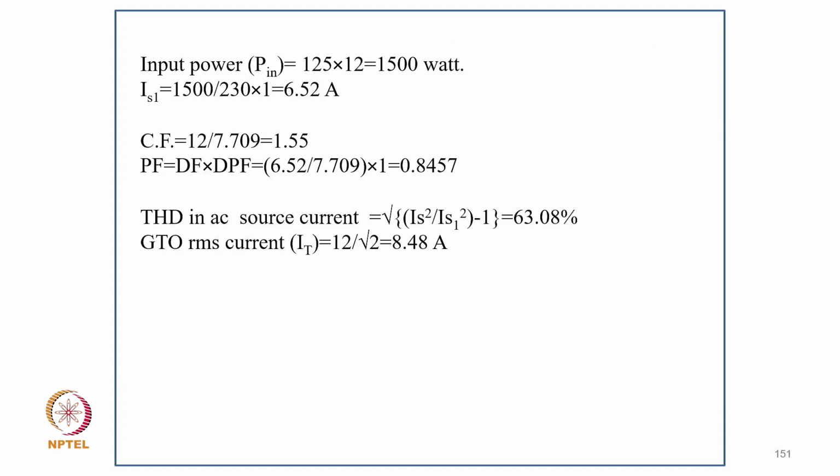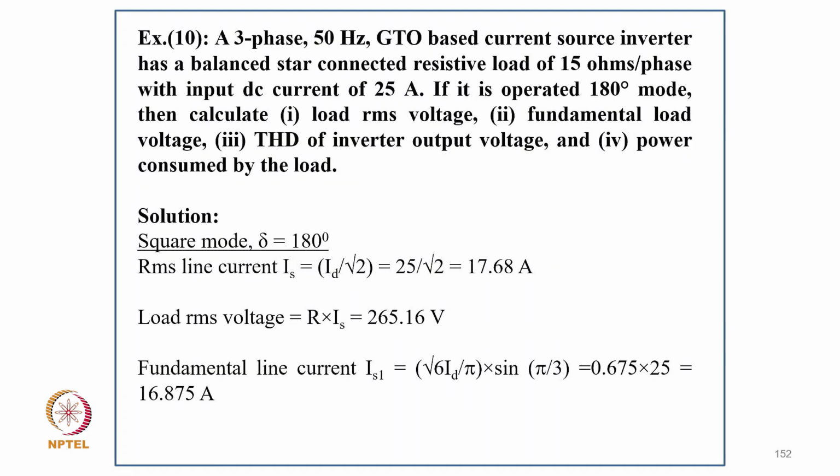The input power is 125 into 12, 1500 watt, and IS1 is 1500 by 230 into 1, that is 6.52 ampere. Crest factor is 12 upon 7.709, that is 1.55. Power factor, the product of displacement factor and distortion factor, comes to 0.8457. THD in source current is under root of (IS upon IS1) square minus 1, that is 63.08%, and GTO RMS current is 12 by root 2, that is 8.48.